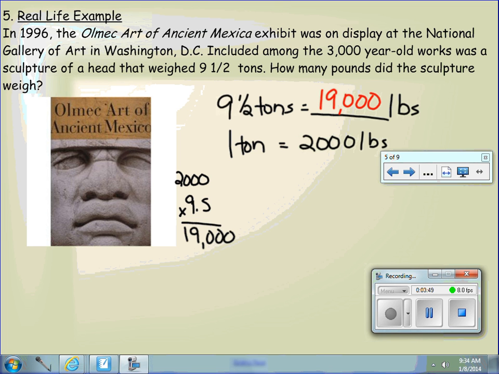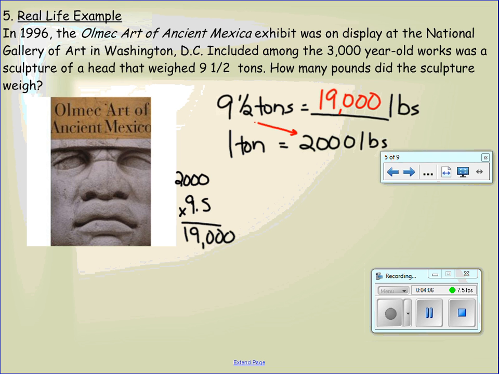The second step is to write down what you know. So right below it, we know that 1 ton is equal to 2,000 pounds. Notice how the numbers are displayed. If your numbers are at a diagonal, you multiply. 9.5 times 2,000 is equal to 19,000.